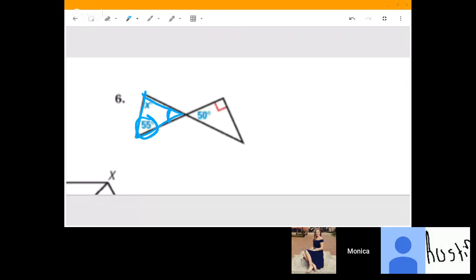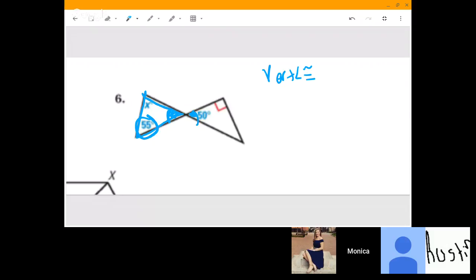Well, we know that angle is a vertical angle with this angle, right? So what would the measure of that angle be? Well, since this angle here is a vertical angle with this angle, then vertical angles are congruent, okay?